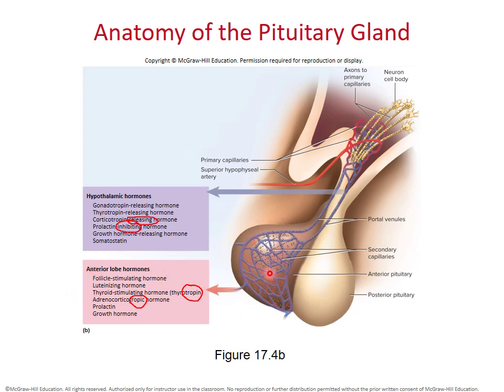This is why some people refer to the anterior pituitary as the master gland of the body. I'm not sure I care very much for that nomenclature because it doesn't affect all the glands of the body, but as you see, it does affect several of them.